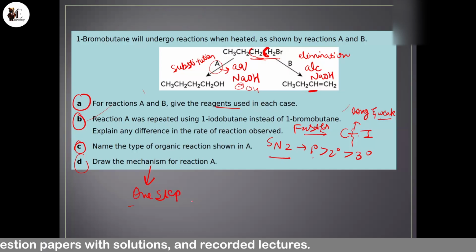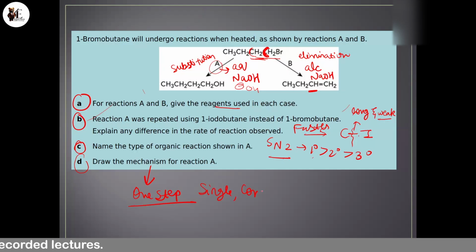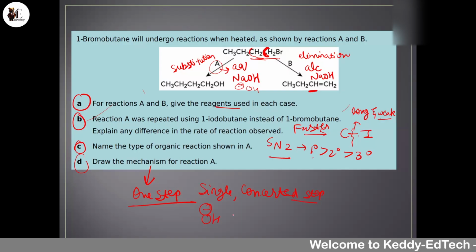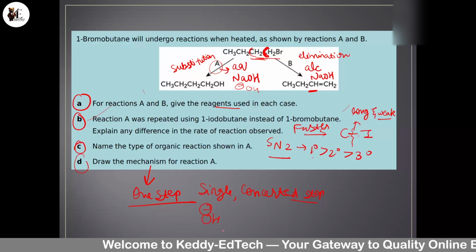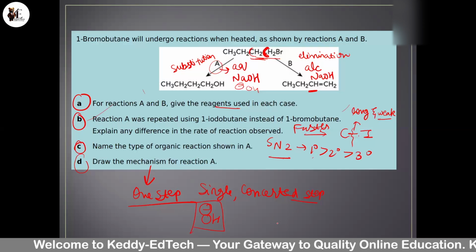There is no formation of carbocation. So you can call it a single concerted step, where OH minus ion will act as a nucleophile and attack the electrophile, and the leaving group will leave in the first step only. Okay, so it is a one step reaction. You can write it in one line.